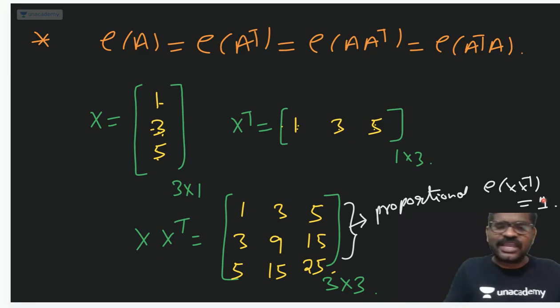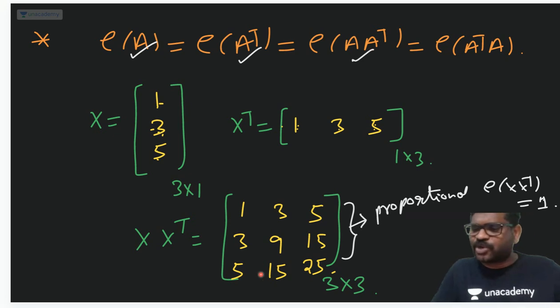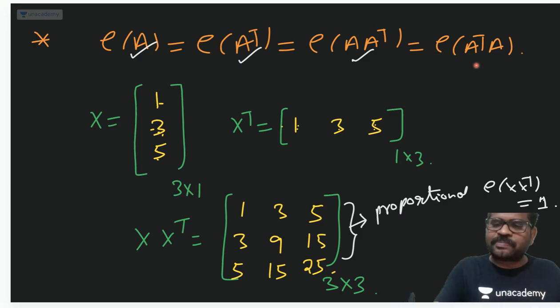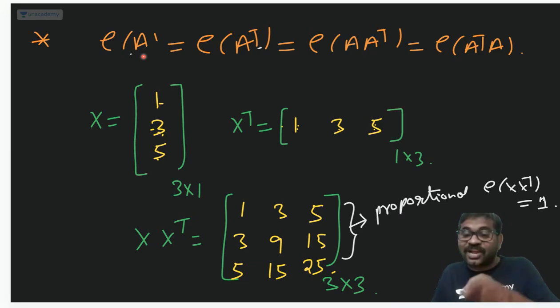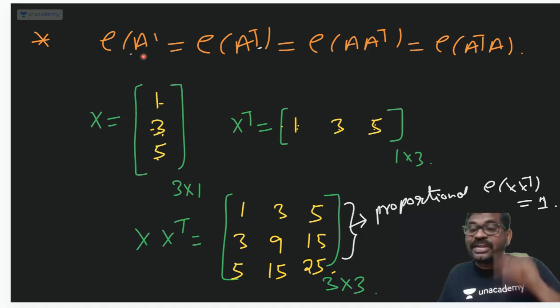That's why rank of A is 1, rank of A transpose is 1, rank of A into A transpose is 1, rank of A transpose into A is 1 in this example. In this example, it is 1. Not in every problem it is 1. In some other problem, rank of A is, suppose, 10, rank of A transpose is also 10, rank of A into A transpose is also 10, rank of A transpose into A is also 10. Like that. Understood? Depending on your matrix.